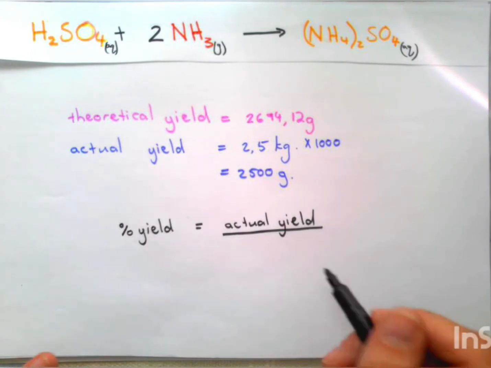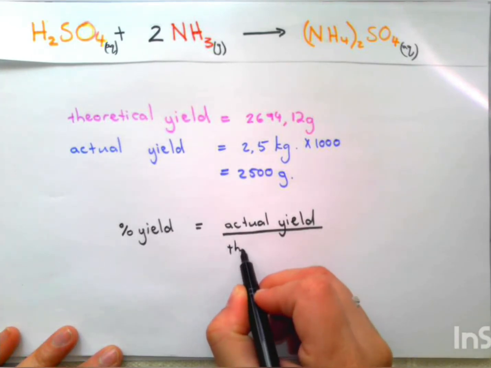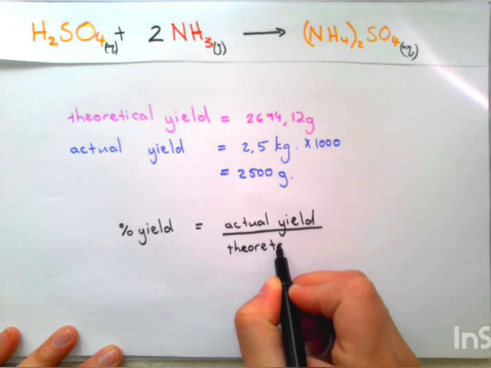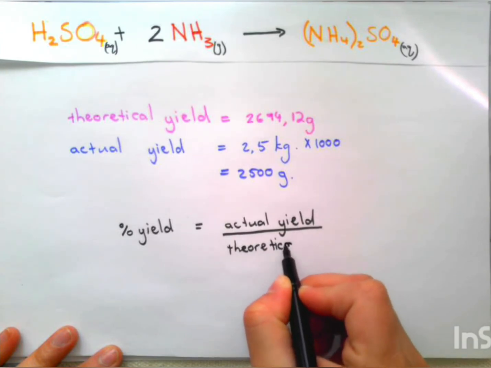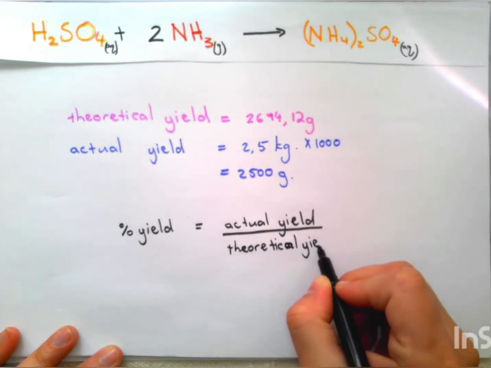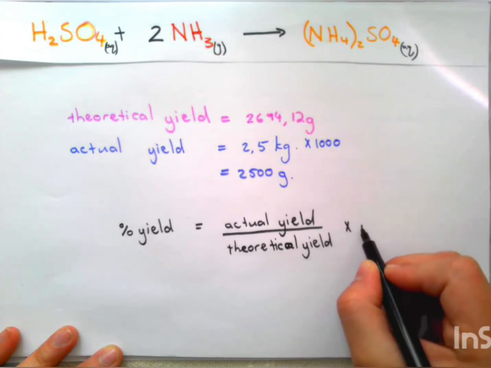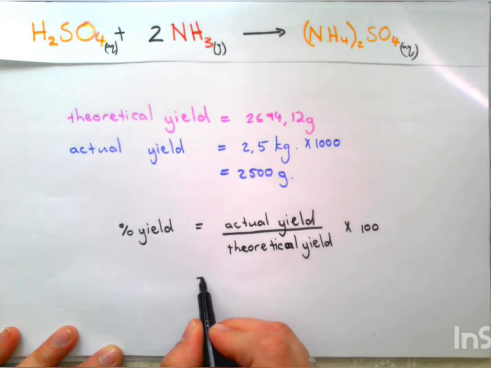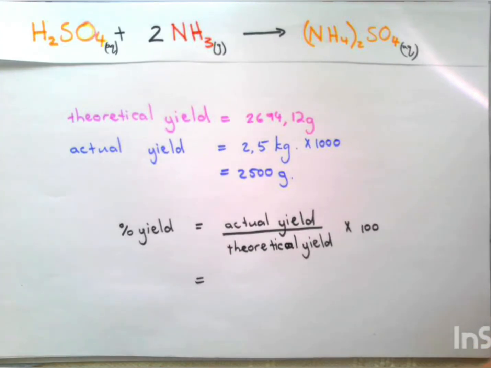Remember, it's the small divided by the big: actual yield divided by theoretical yield. And then because it's a percentage, we have to multiply it with 100. So now we just substitute. My actual yield is the one they give us.